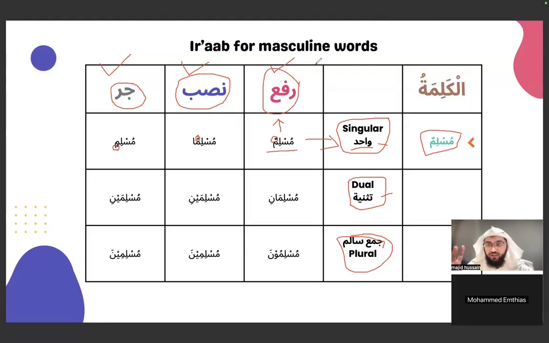So basically, two dhamma or a dhamma is put in the category of Rafa, two fatha or a fatha is put in the category of Nasab, and two kasra or one kasra is put in the category of Jar. These are just names of categories because scholars have divided the state of this diacritical point into three different categories and given them names. So it's easy to understand.